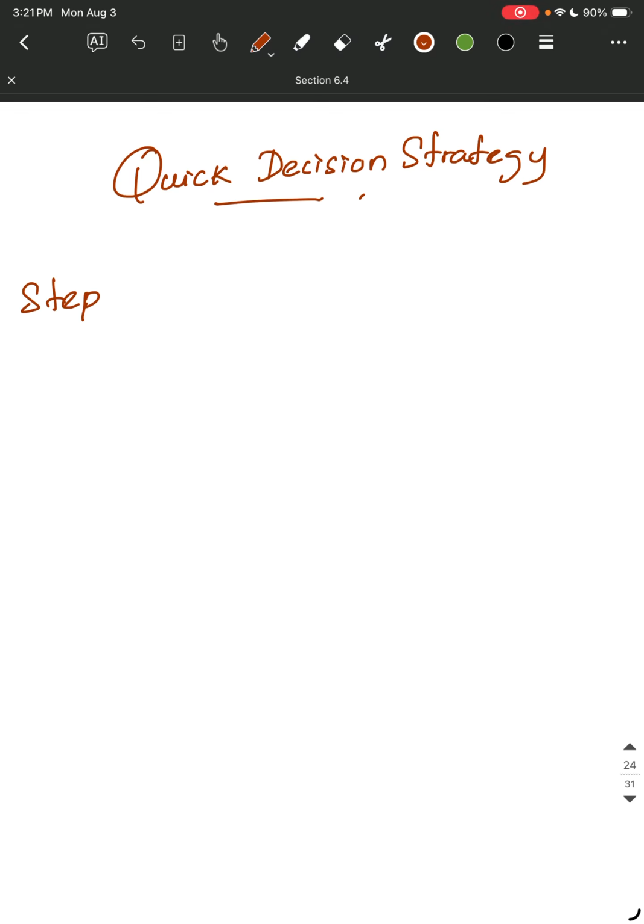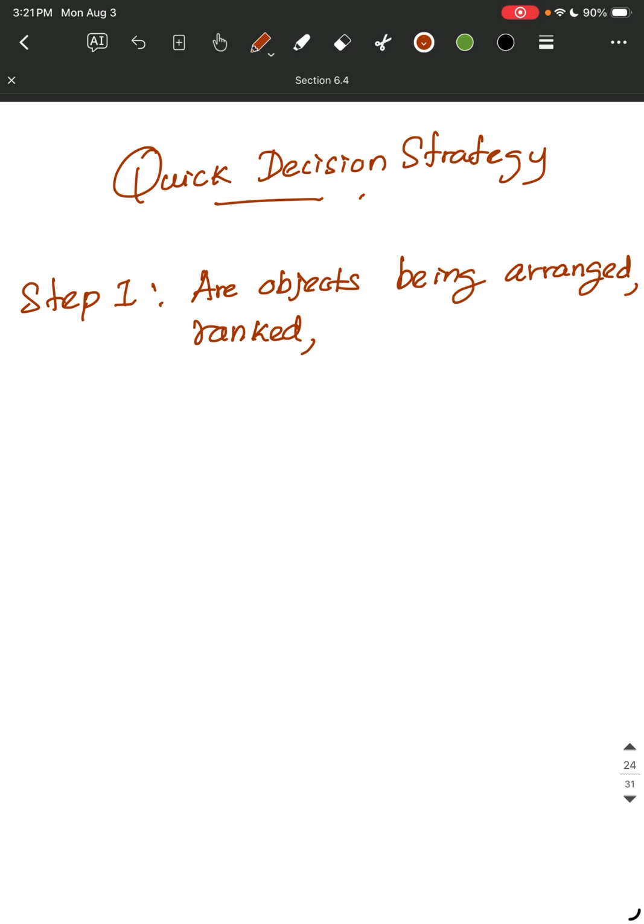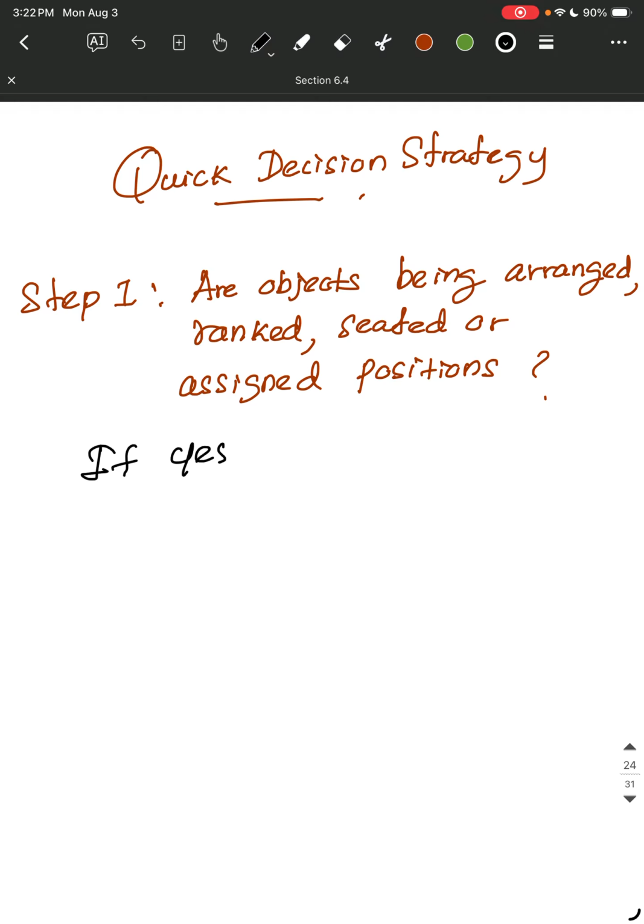Are objects being arranged, ranked, seated, or assigned positions? If yes, use permutations. Step 2.